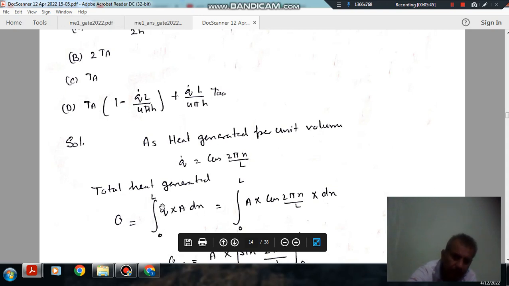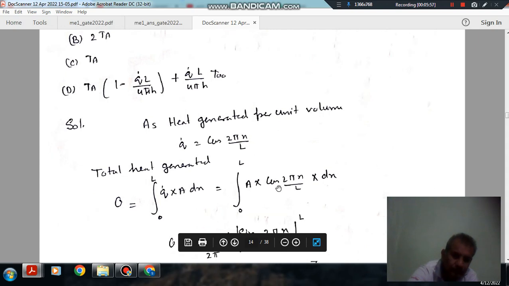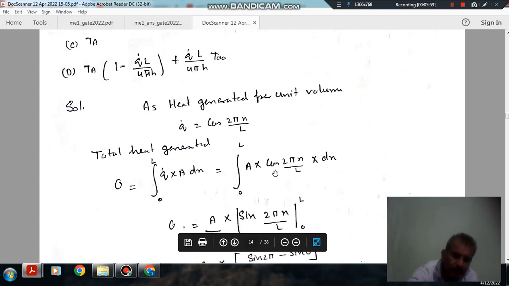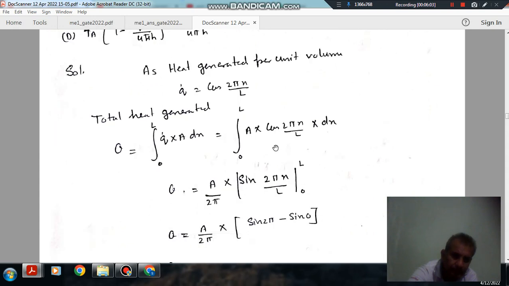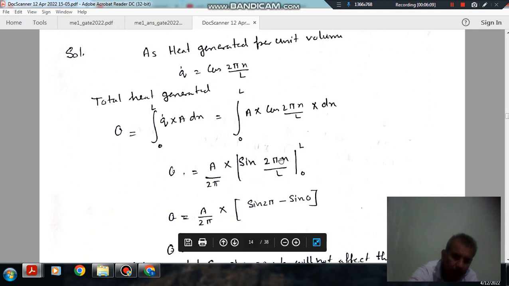Here x is varying from 0 to L, so this will be the total heat generated. Finding out the total heat generated, Q dot is cos 2 pi x by L, so taking A out and integrating, it will be sin 2 pi x by L, from 0 to L. If you put the limits, it will be sin 2 pi minus sin 0.